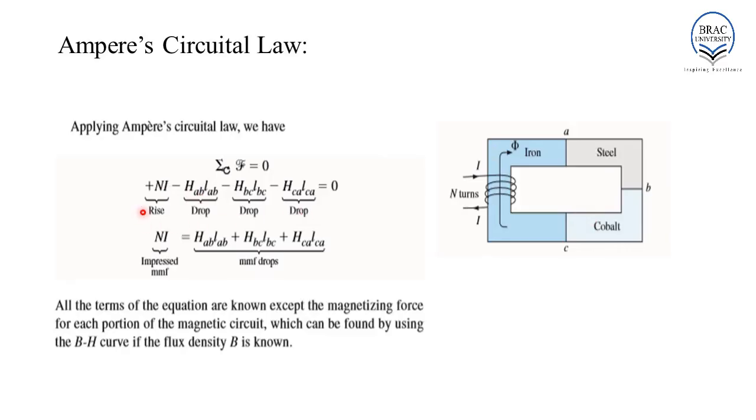Applying Ampere's circuital law, we can say that Ni, the rise in MMF, minus H_AB times L_AB, which is the drop in MMF for steel, minus H_BC times L_BC, the drop due to cobalt, and minus H_CA times L_CA, the drop due to iron, summation of all these will be equal to 0. In other words, the rise in MMF will be equal to the summation of all the MMF drops.